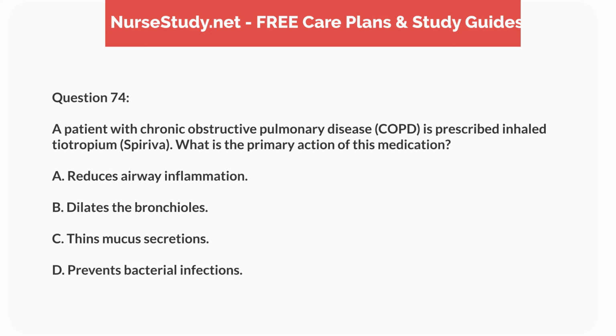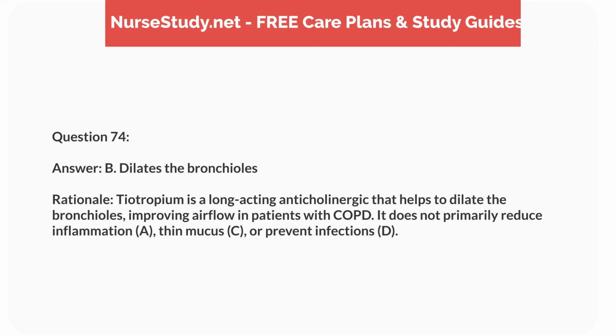D. Prevents bacterial infections. Answer: B. Dilates the bronchioles. Rationale: tiotropium is a long-acting anticholinergic that helps to dilate the bronchioles, improving airflow in patients with COPD. It does not primarily reduce inflammation, A, thin mucus, C, or prevent infections, D.